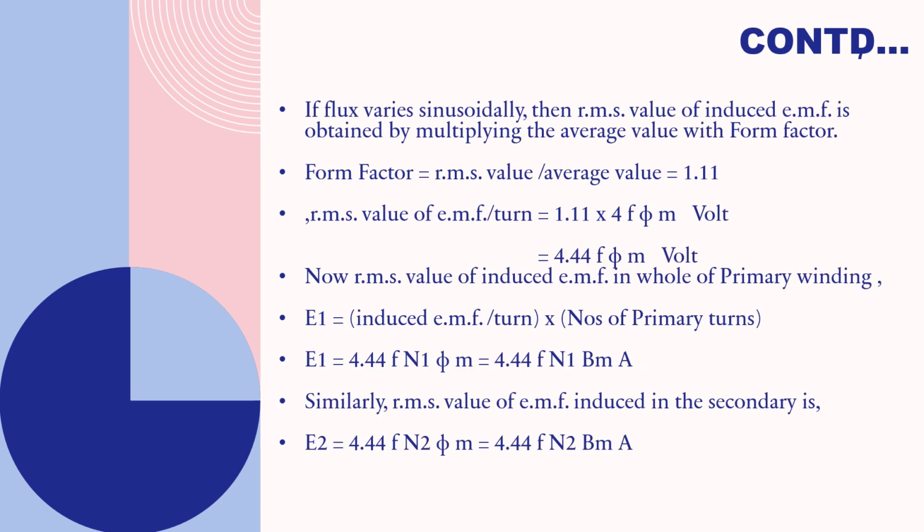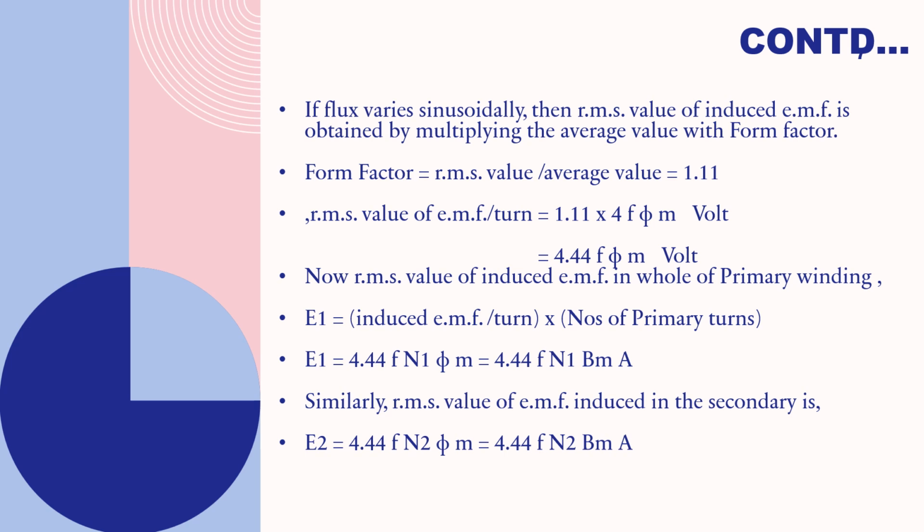If flux varies sinusoidally, then the RMS value of induced EMF is obtained by multiplying the average value with form factor. Form factor is equal to RMS value divided by average value, which is equal to 1.11. RMS value of EMF per turn is equal to 1.11 into 4F phi m volt, which is equal to 4.44F phi m volt.